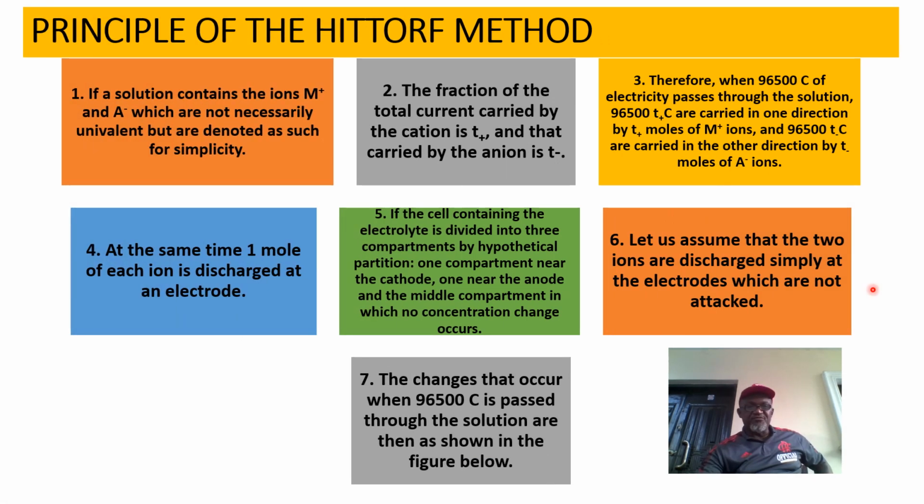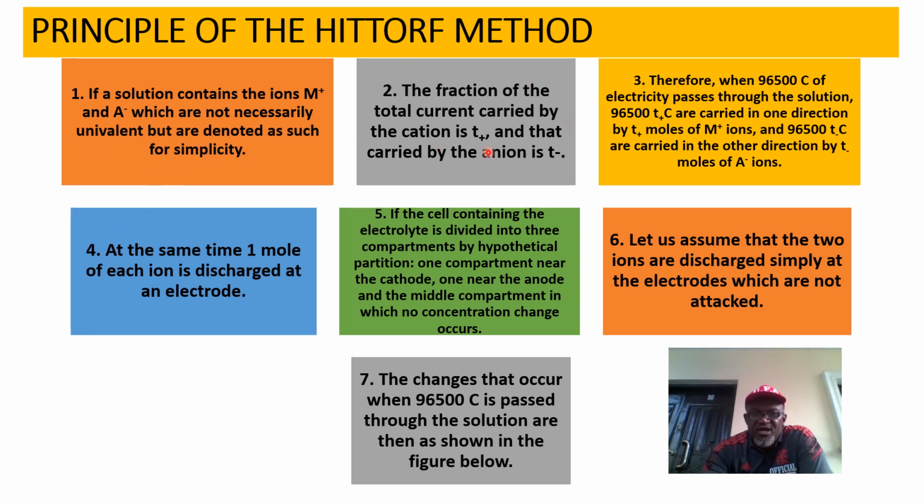We have the Hittorf method, and when we see the diagram, it will become easy to explain. If we have a solution of MA, it ionizes as M plus and A minus. Let's make it univalent, that is, 1:1, for it to be easy.